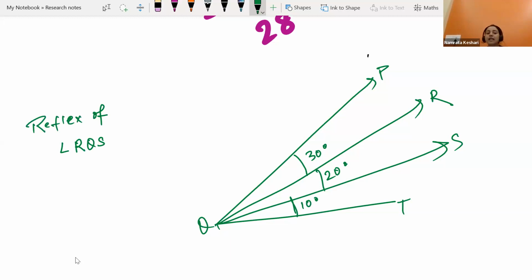What is the value of angle RQS from the figure? 20 degrees. Perfect. And what is the reflex of that? 340 degrees. Yes, 340 degrees. Perfect. Okay, you understood.